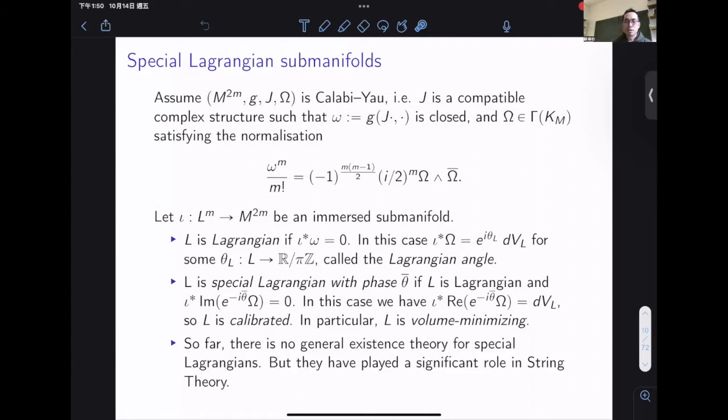But so far, there's no general existence theory for special Lagrangians. But since they are volume minimizers, people hope to use the mean curvature flow to construct special Lagrangians in a Calabi-Yau manifold.